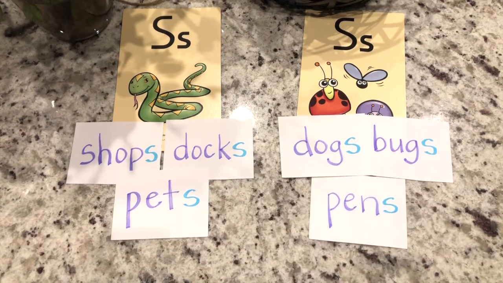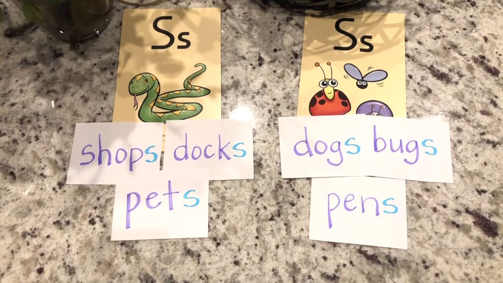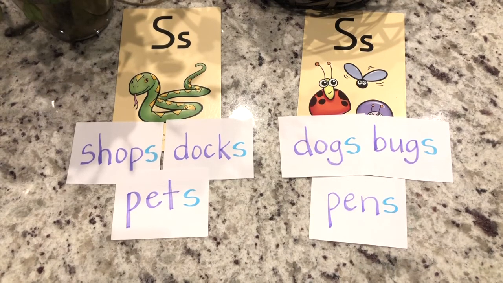Very good. I want to talk about one more thing, and that is singular and plural. If something is singular, that means there's only one of them. If something is plural, that means it's more than one. A lot of times you'll see the suffix s on words when they are plural or more than one.